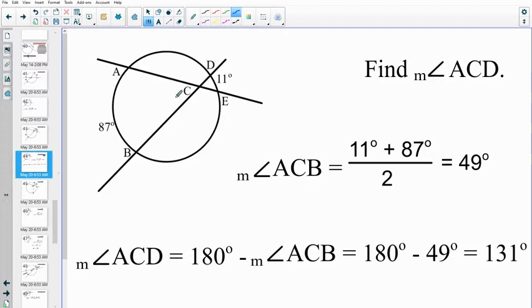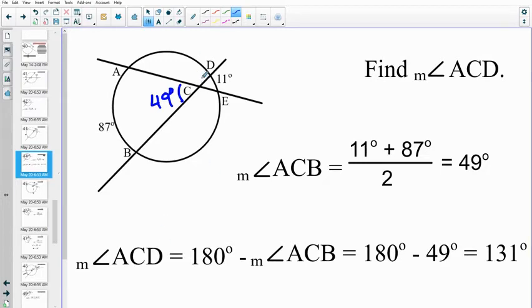So angle ACB is the average of 87 and 11. So 87 plus 11 is 98. 98 divided by 2 is 49. And so this angle here, angle ACB, is 49. But they want me to find angle ACD.